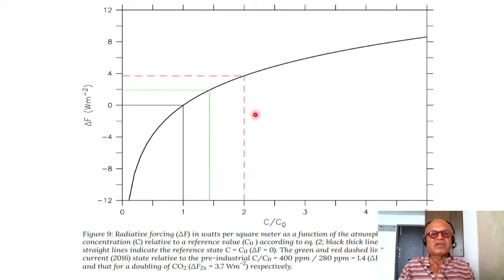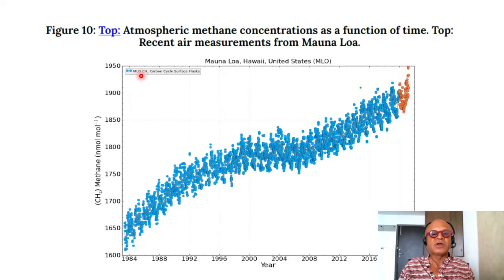And if you keep increasing to double the CO2 with which we started at the beginning of the Industrial Revolution, then we are going to end up with about 3.7 watts per meter squared. So this allows you to say how much additional energy we are trapping into the system. And I mentioned before that 93% of this additional energy is going into the ocean.